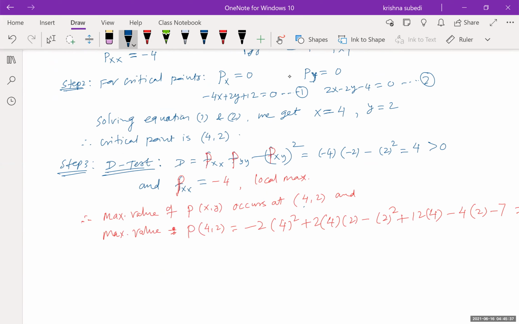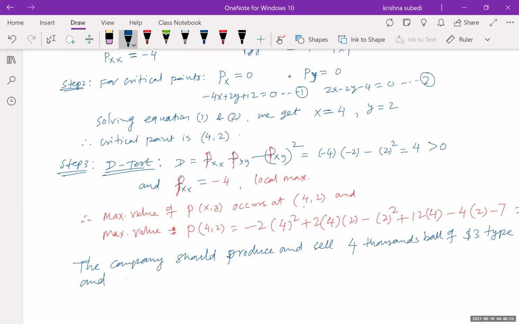So that means the answer will be: the company should produce and sell 4, the unit is 1000, so 4000 balls of the $3 type and 2000 balls of the $2 type to maximize profit.